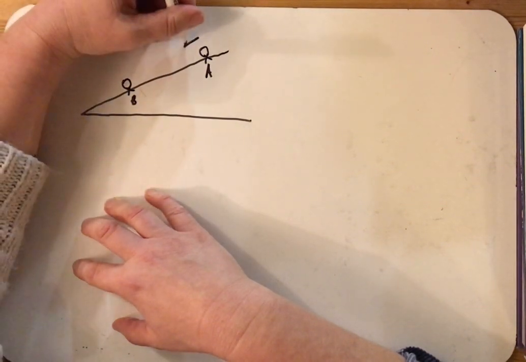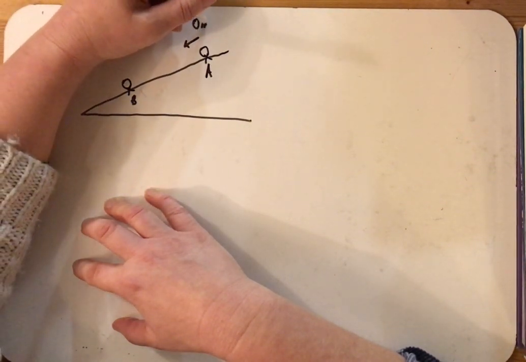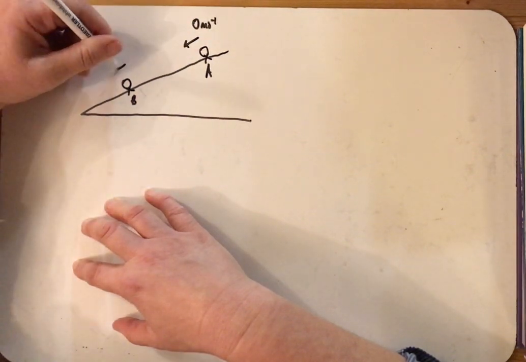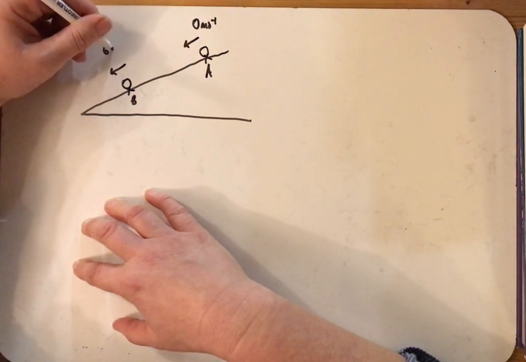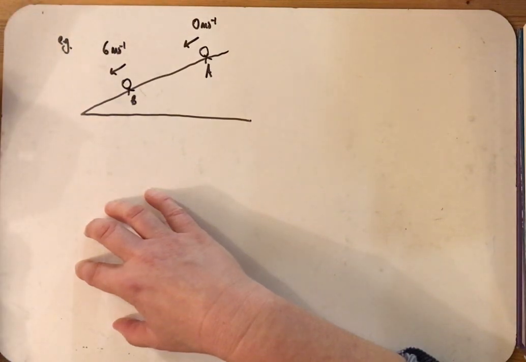And it's going to start at 0 meters per second, and when it gets to B it's going to be travelling at 6 meters per second.